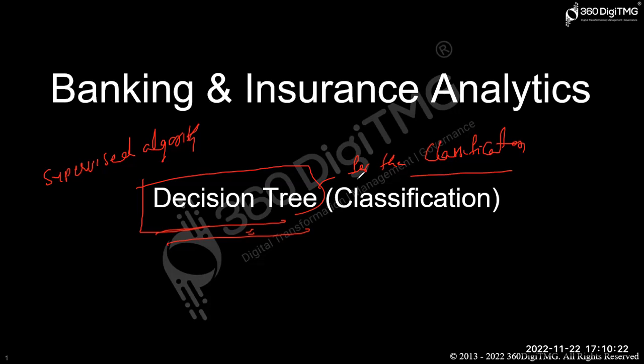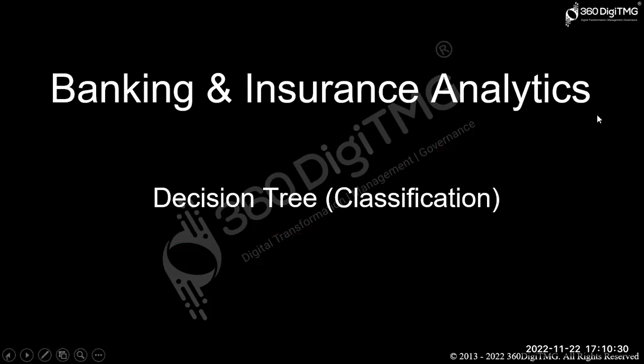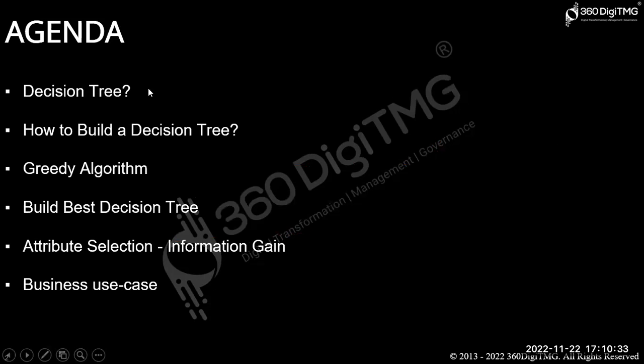What is the mathematics behind this decision tree? All those things we'll try to understand in today's class. Without wasting any time, let's get into the session. Before that, what is the agenda for the session? First, we understand what exactly the decision tree is and how to build a decision tree.